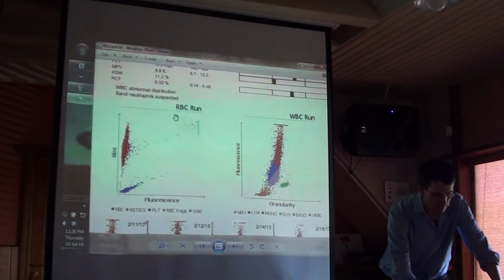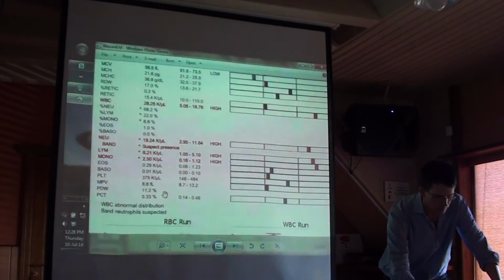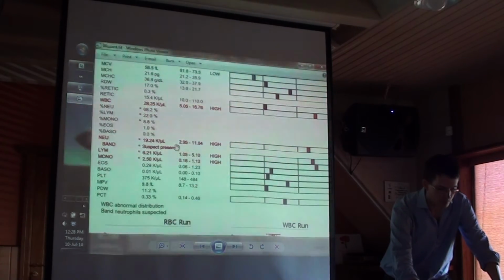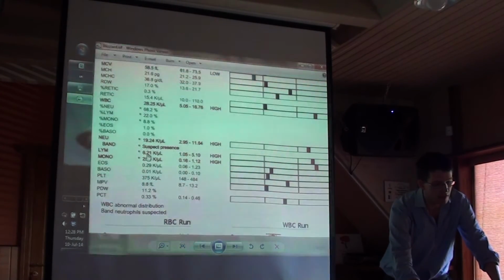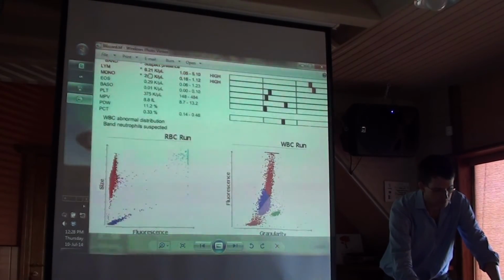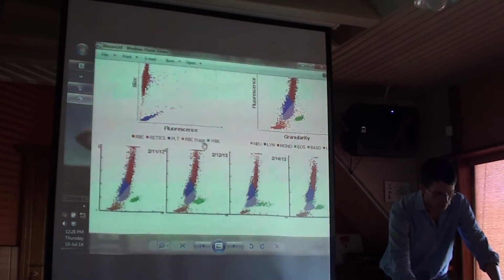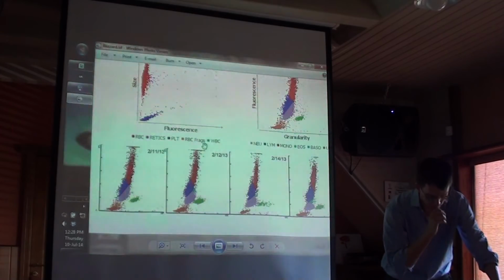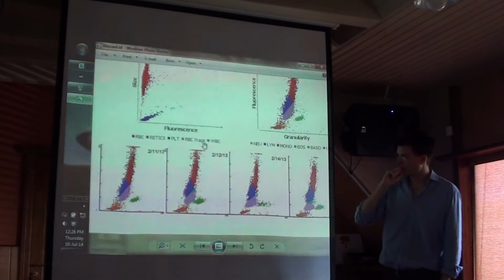If you compared the numbers with a manual differential, you would expect to have very different results.